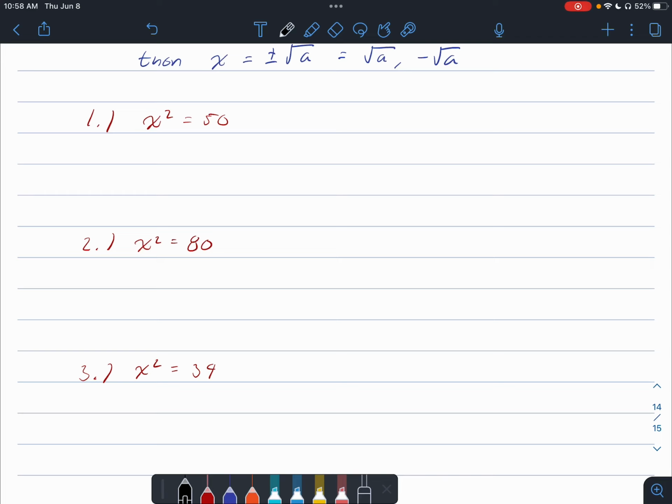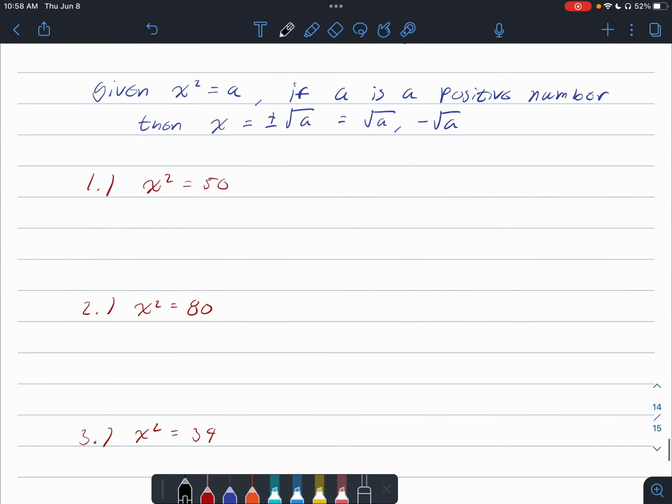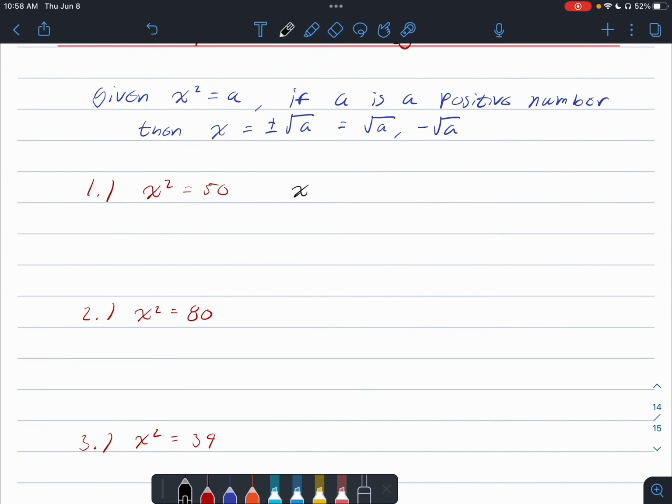We have x squared equals 50. So to solve this, we know right away from this property, x is going to be equal to positive square root of 50 and a negative square root of 50. But we can actually rewrite the square root of 50.